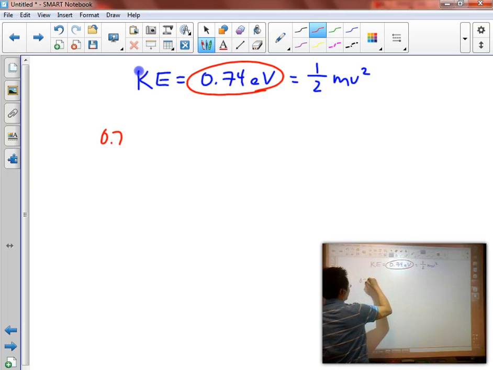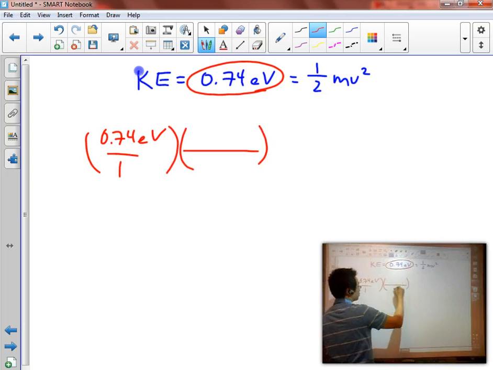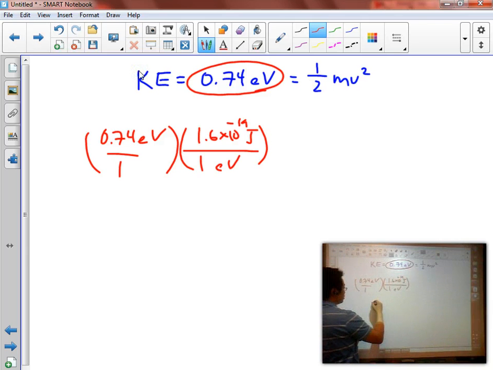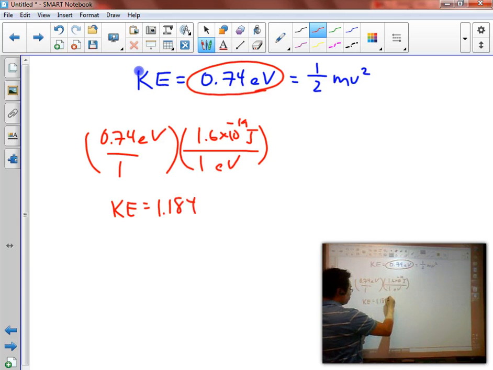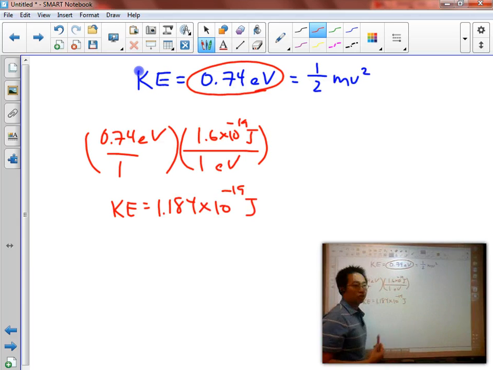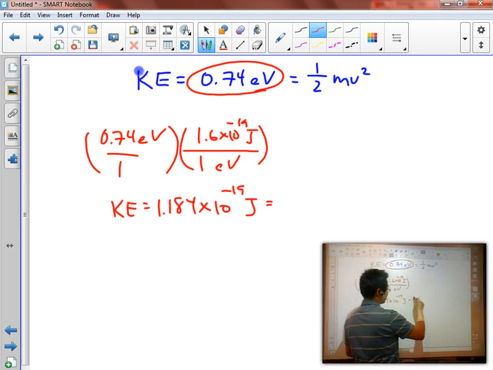Knowing that 0.74 electron volts, do a quick conversion factor. 1 electron volt is 1.6 times 10 to the negative 19 joules. I get the energy equal to 1.184 times 10 to the negative 19 joules, which I can then say equals 1/2 mv squared.